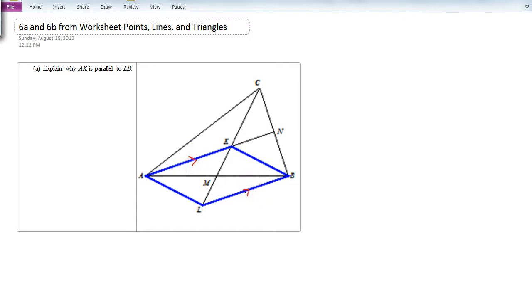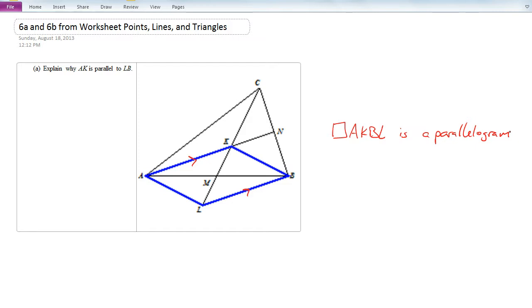Okay, I guess one way of doing it is to show that quadrilateral AKBL is a parallelogram. If we can show that, then we know that those two sides are parallel. So how could we prove this is a parallelogram?